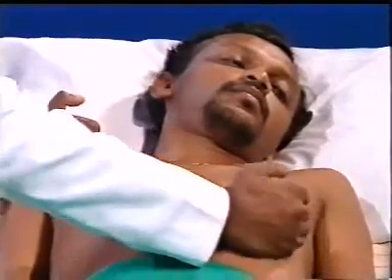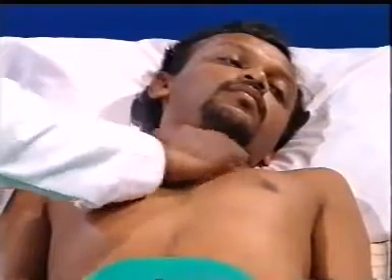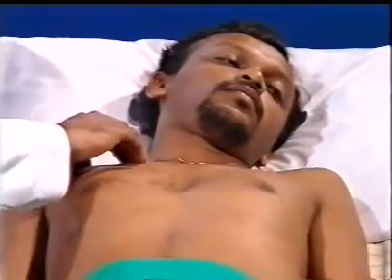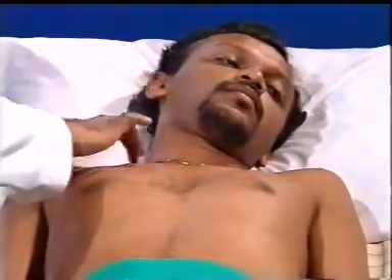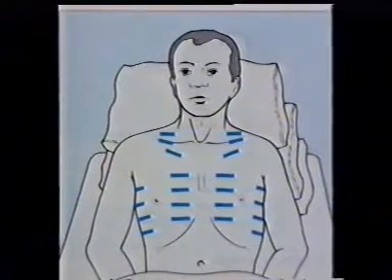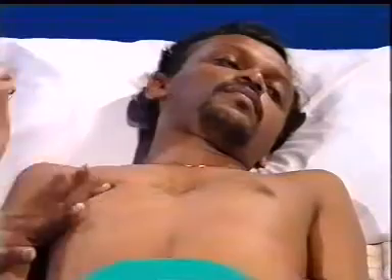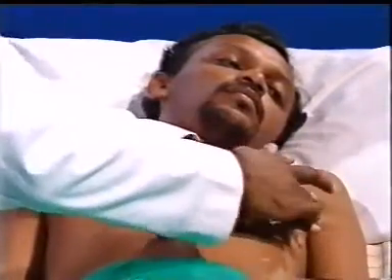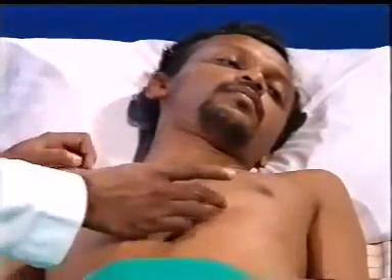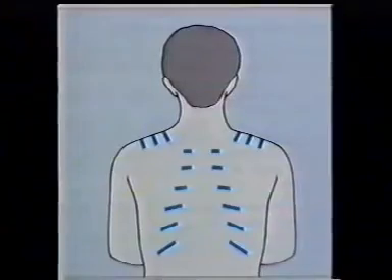And you start percussion by percussing the apices. Here you can percuss the clavicles and then go down the chest wall with your fingers. Don't forget to percuss the axilla and the lateral part of the chest and also the back.